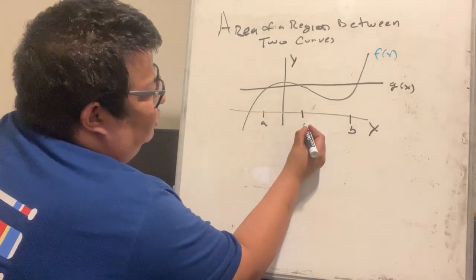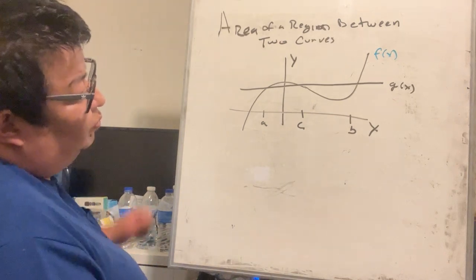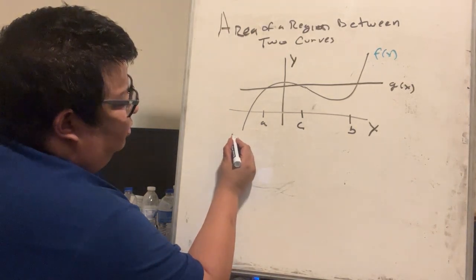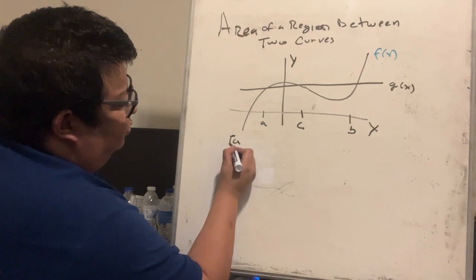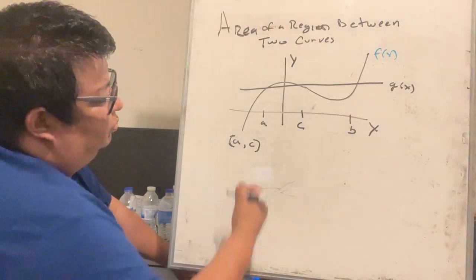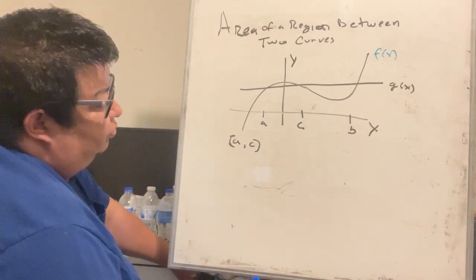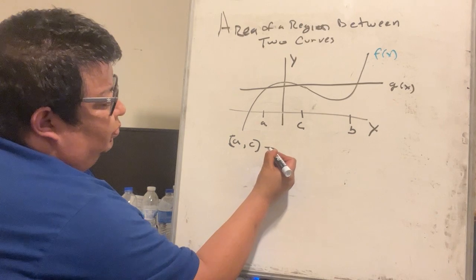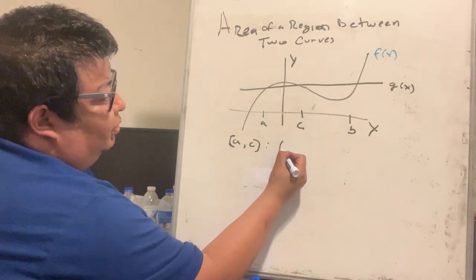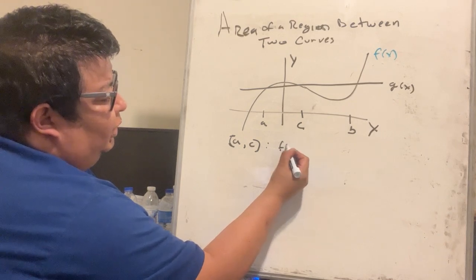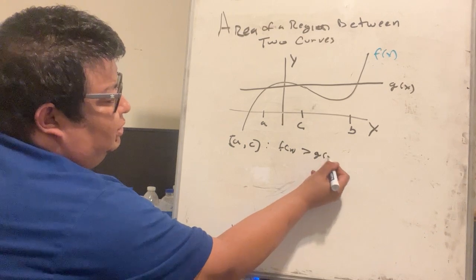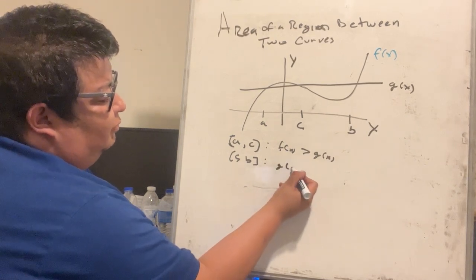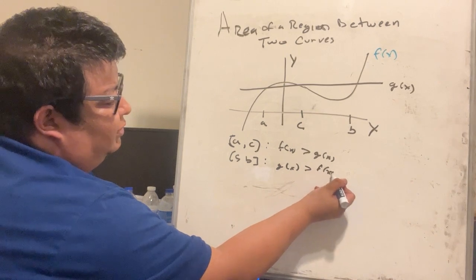So let's say you have a point here, let's call this C. From A to C, f of x is greater than g of x, and from C to B, g of x is greater than f of x.